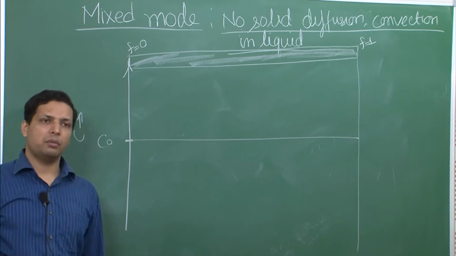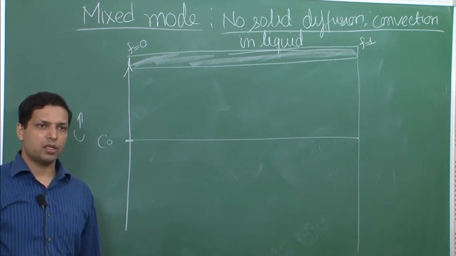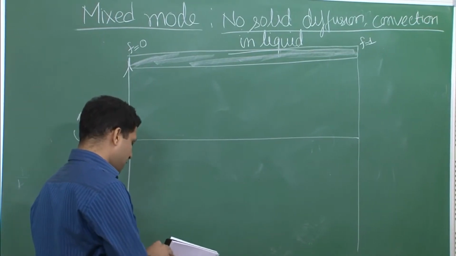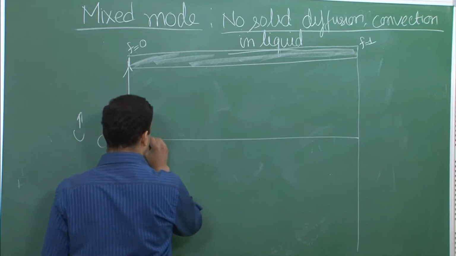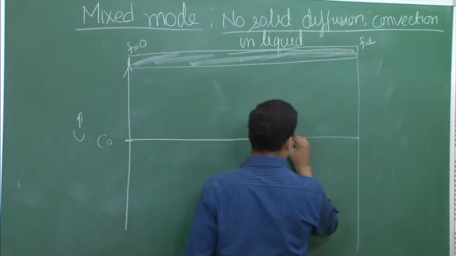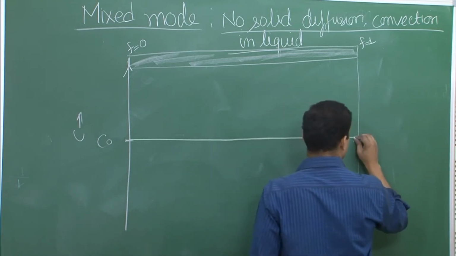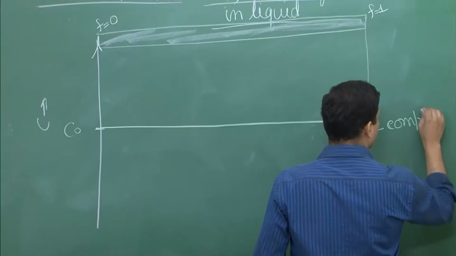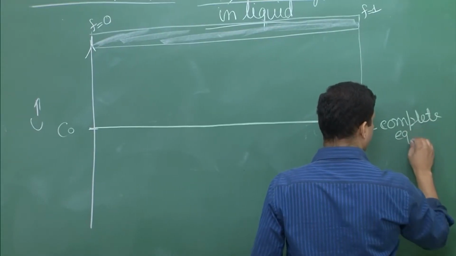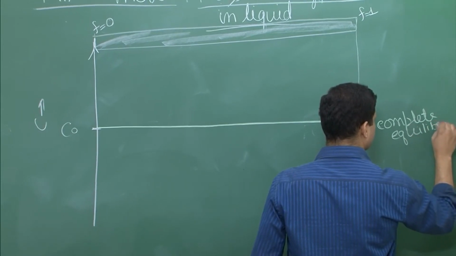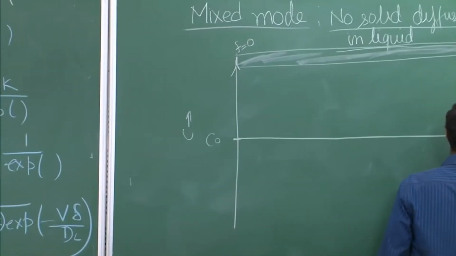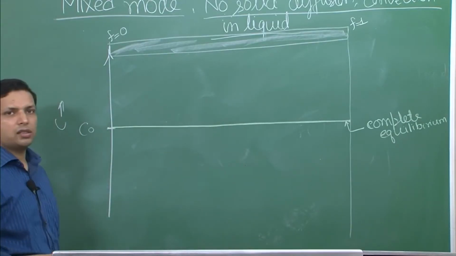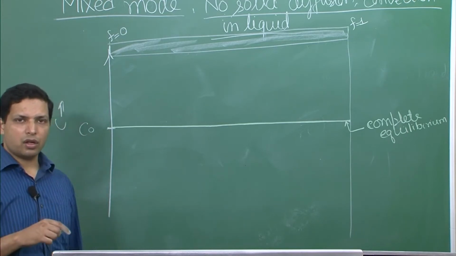So, the solid that formed had the same composition as the original liquid, although it is very unrealistic, but let us say that is the case. So, this is complete equilibrium.